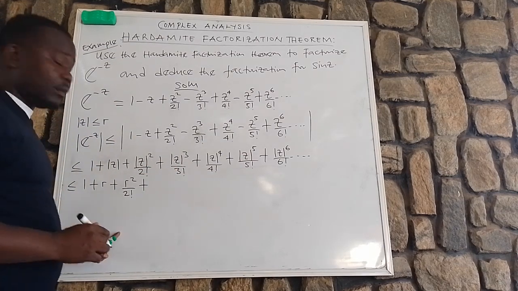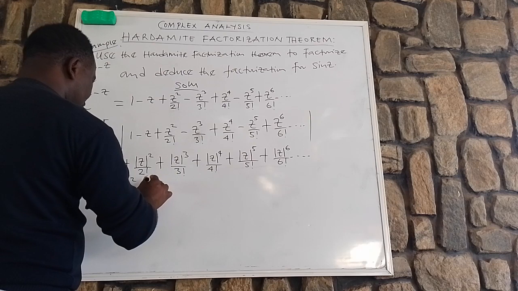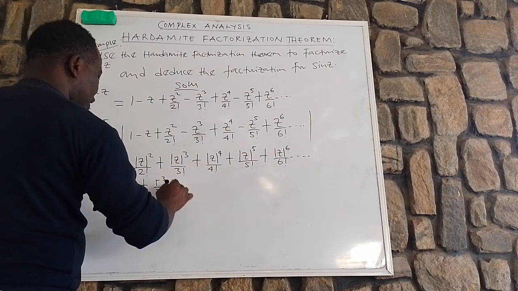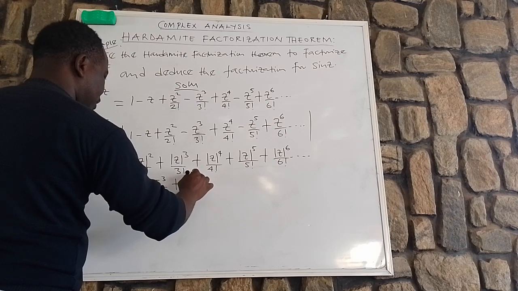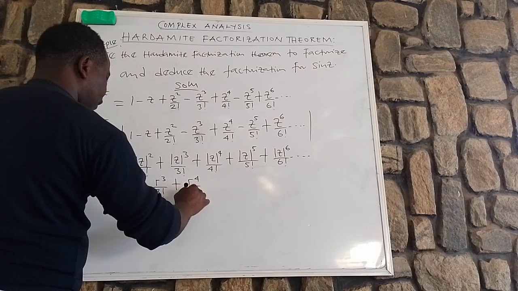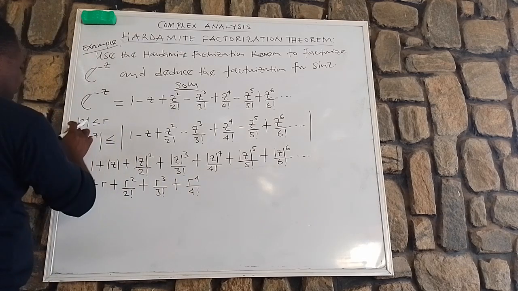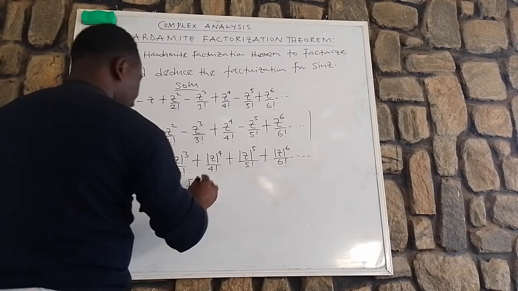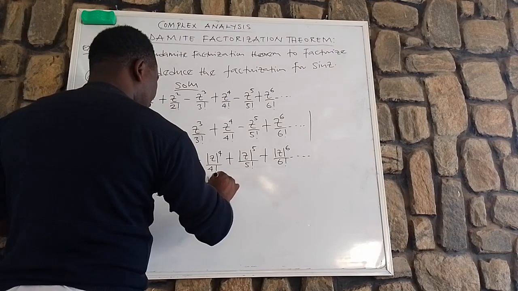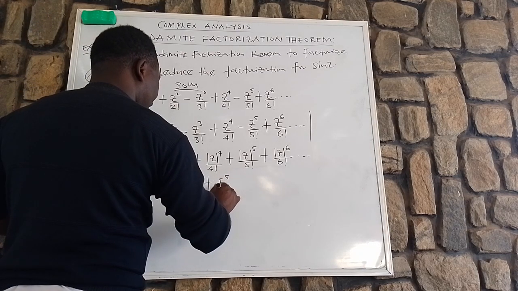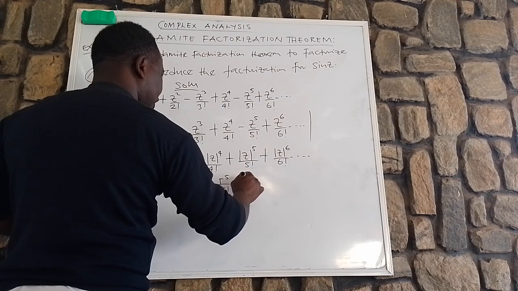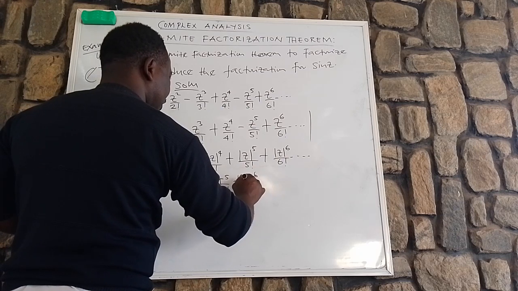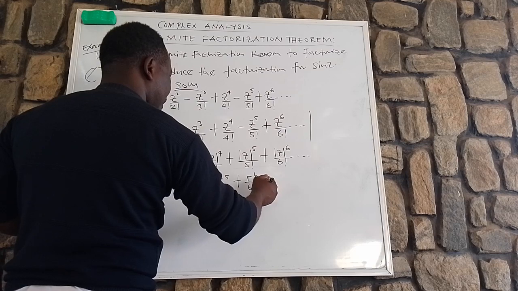Please, are you following? Okay. Here would now be r raised to power 3 all over 3 factorial, then plus the same thing applicable, r raised to power 4 all over 4 factorial. We know that our mod z is less than r. So plus r raised to power 5 all over 5 factorial plus r raised to power 6 all over 6 factorial, and so on.